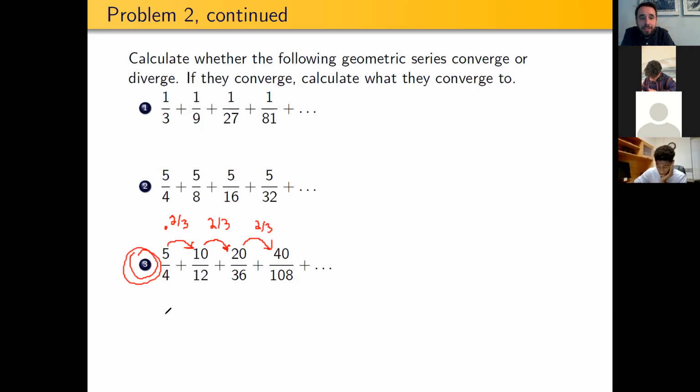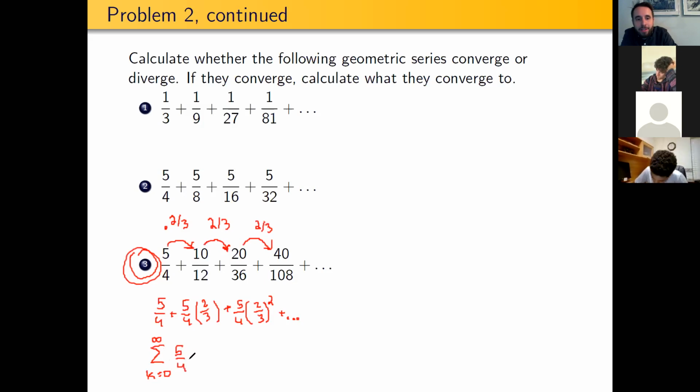So this series is really 5/4 plus 5/4 times 2/3 plus 5/4 times 2/3 squared plus dot, dot, dot. I guess next would be 5/4 times 2/3 cubed. And so this is really equal to the sum as k goes from 0 to infinity of 5/4 times 2/3 to the k.